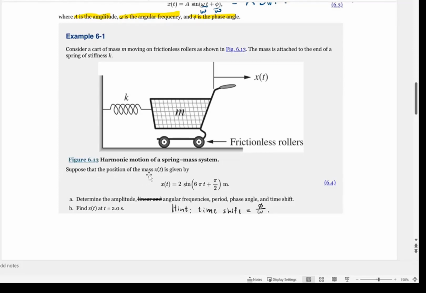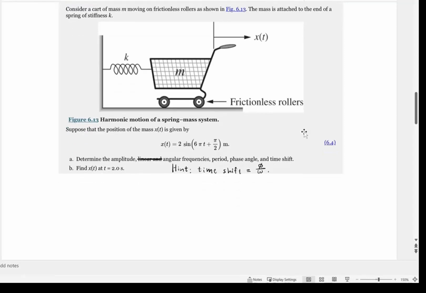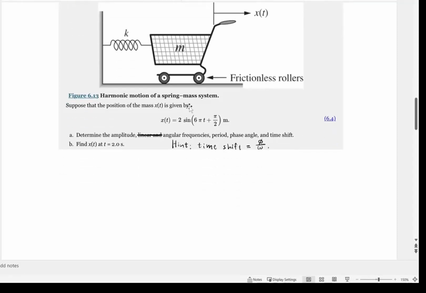Suppose that the position of the mass x of t is given by this equation. Now we're getting to a different equation. I told you what each thing means, but now we're going to talk about it a little differently. So suppose that this is our equation. Determine the amplitude, angular frequency, period, phase angle, and time shift. Okay. And we have our hint there.